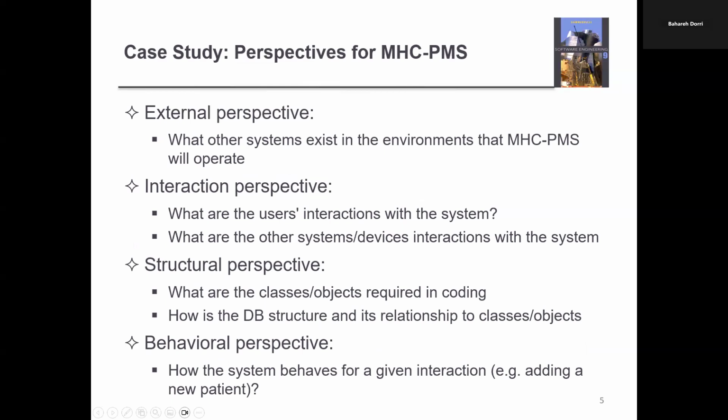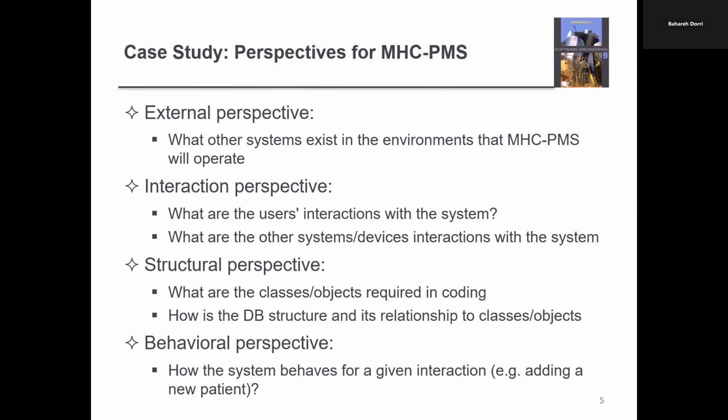Now let's take what we just learned about the four modeling perspectives and apply them to a real world example, specifically the MHCPMS system, which is a mental health care patient management system.